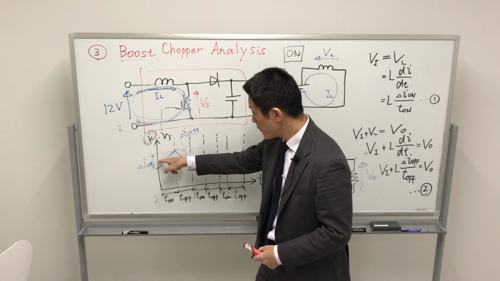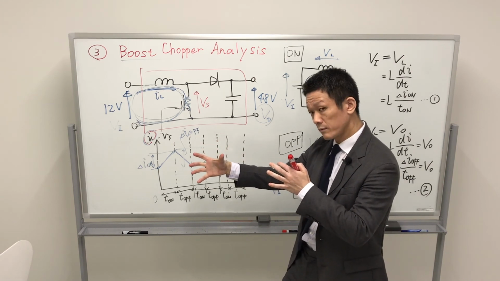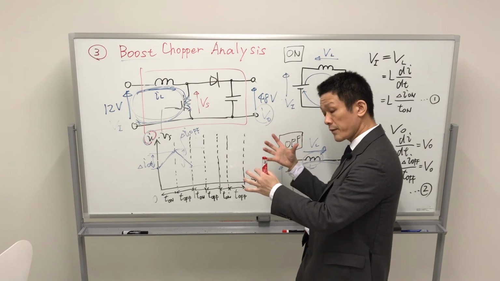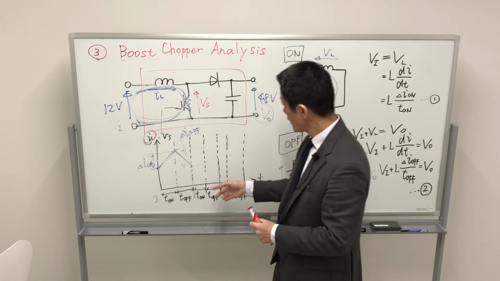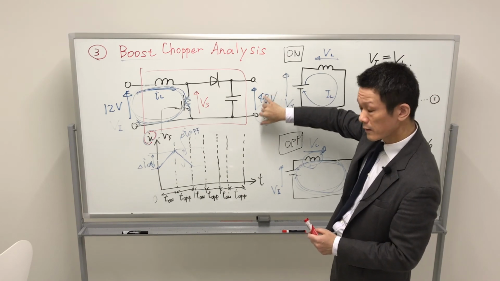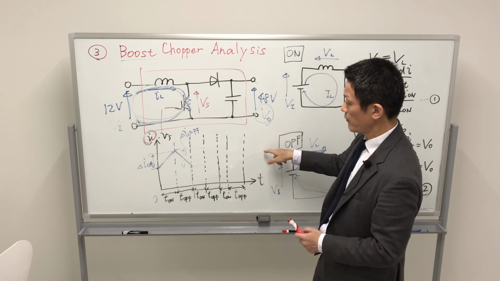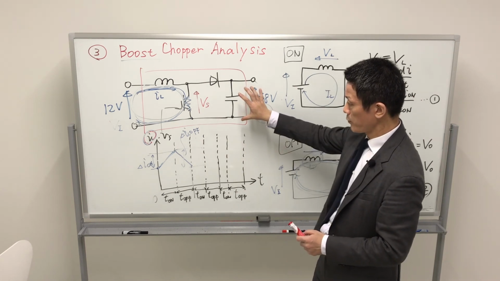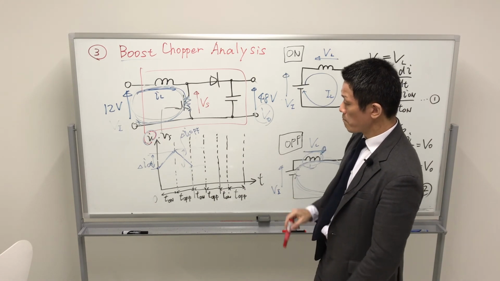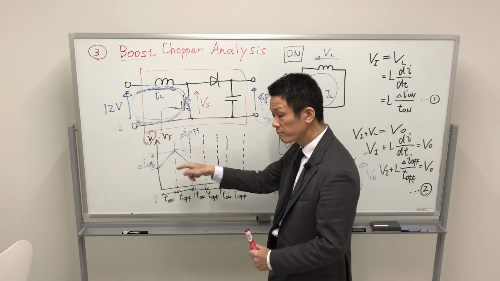The input power is indicated by voltage times current. So the voltage is constant, so the current average is constant. This boost chopper's input current must keep a constant average value.